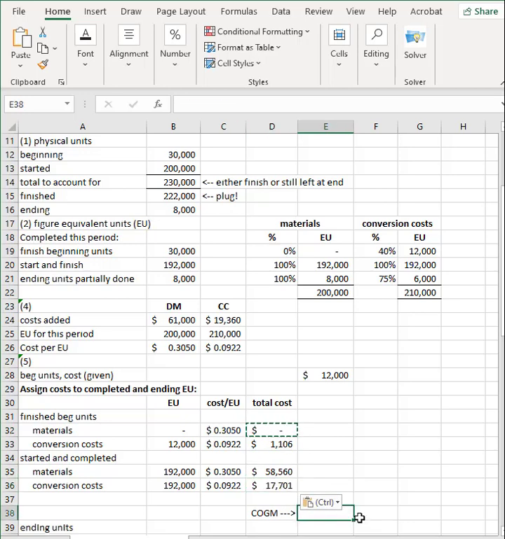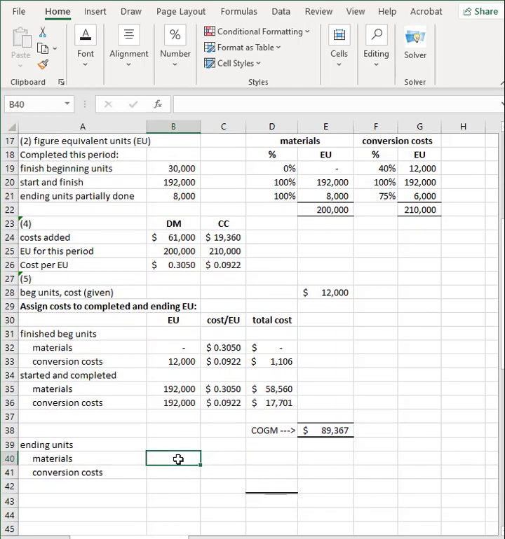So the cost of goods made, or the cost leaving work in process and going to finished goods or the next process, is going to be the beginning cost plus these costs assigned to the finishing the beginning and the new started and finished.